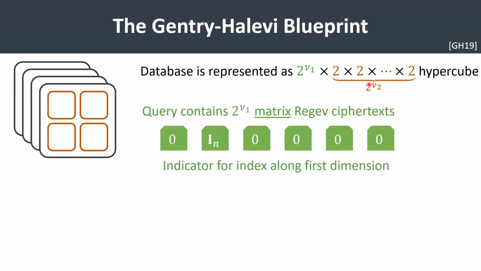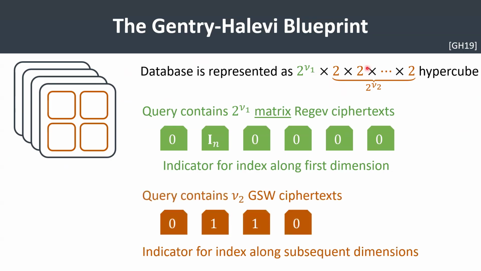What the query looks like is it's going to consist of many regef ciphertexts, basically encoding the indicator vector, so encoding which bit I'm looking for along the first dimension. This is exactly the same thing I presented earlier with the grid, right? I have an indicator vector that shows which row I care about. Here I'm just saying which slice of the hypercube I am interested in. So that takes care of the first dimension.